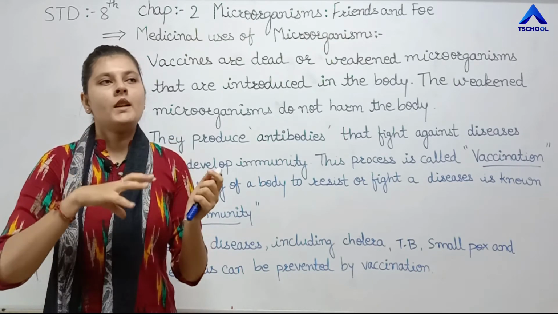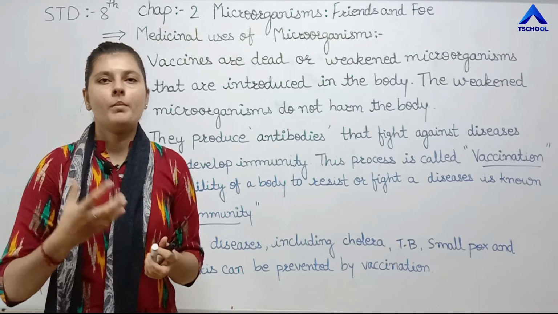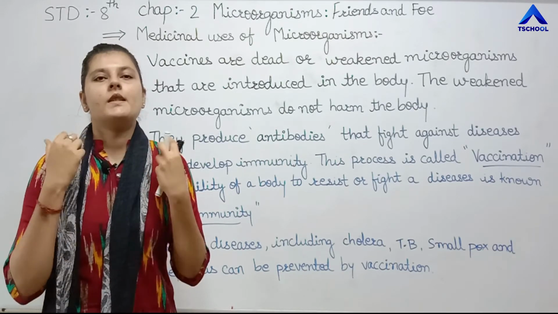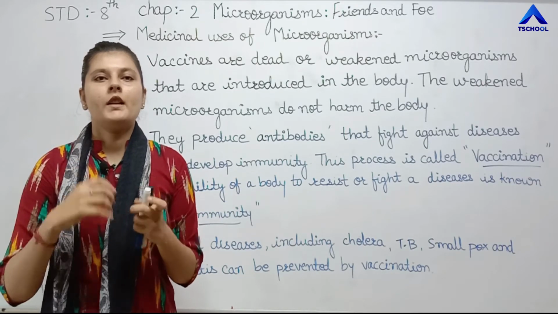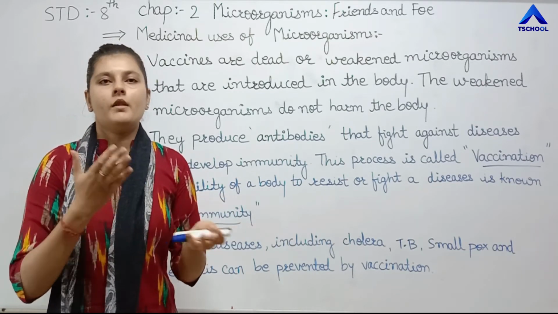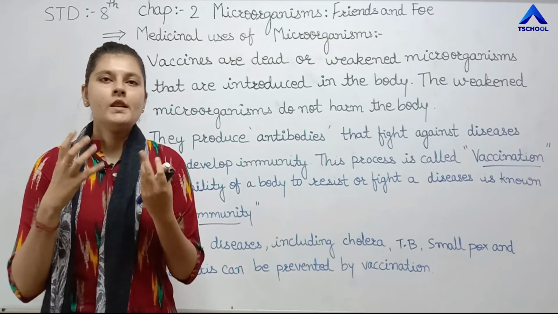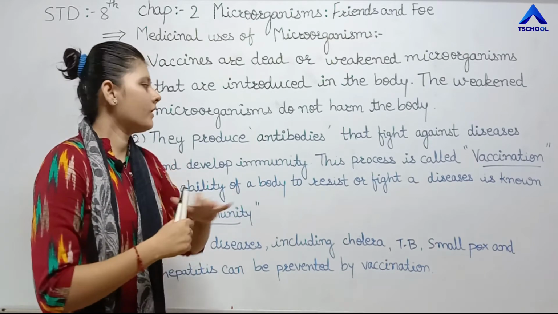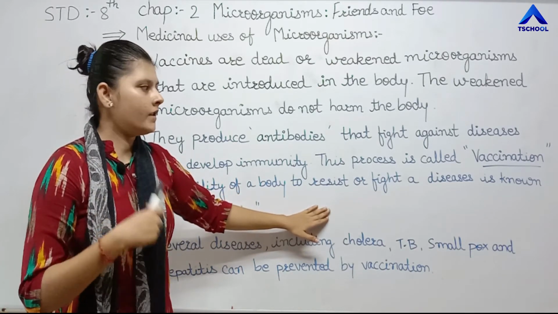So the government has introduced a polio program: give your child a proper vaccination of polio and save your child. So this kind of program is introduced by the government for awareness of vaccination, right? ये सारी चीज़ें government कर रही है. So it is very necessary, very important to get the vaccination done, right?